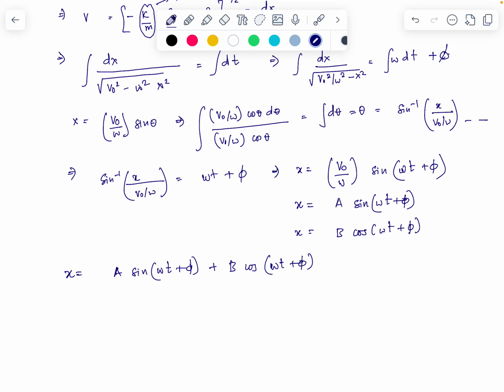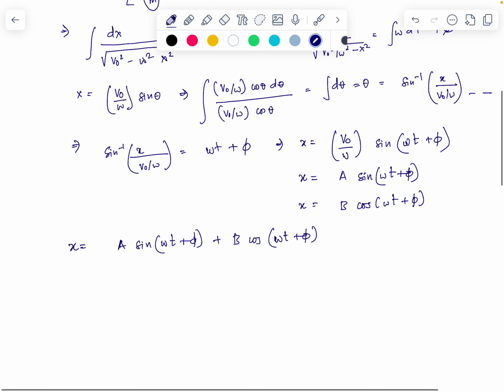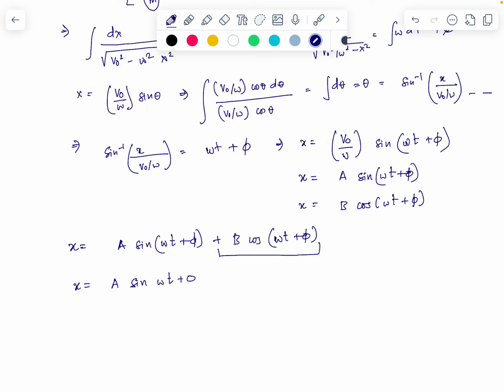There are two trig terms possible, and depending on the initial conditions and the boundary conditions, we can solve this equation this way. For now, if we omit any consideration of these mixed terms, let's just think of x equals a times sine of omega t plus phi.